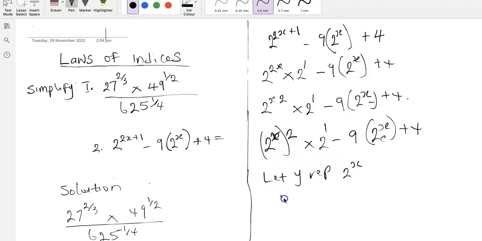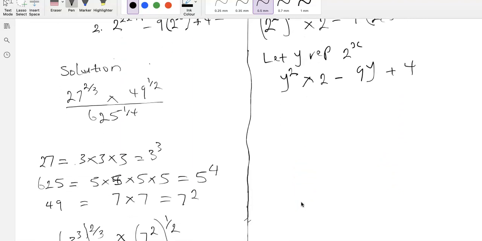So it's going to be y squared times 2 raised to 1, which is 2, minus 9y plus 4. So we have a quadratic equation.